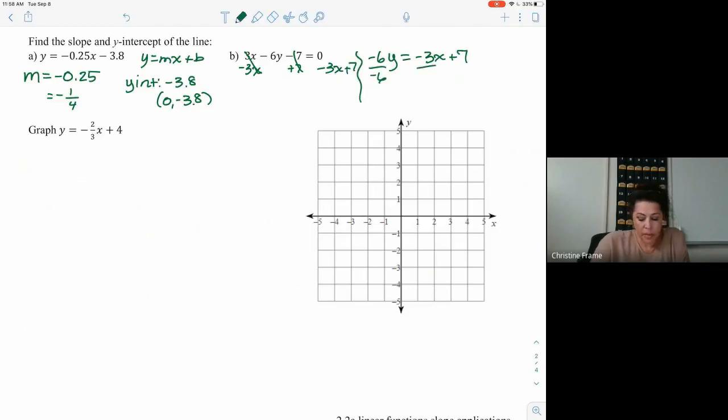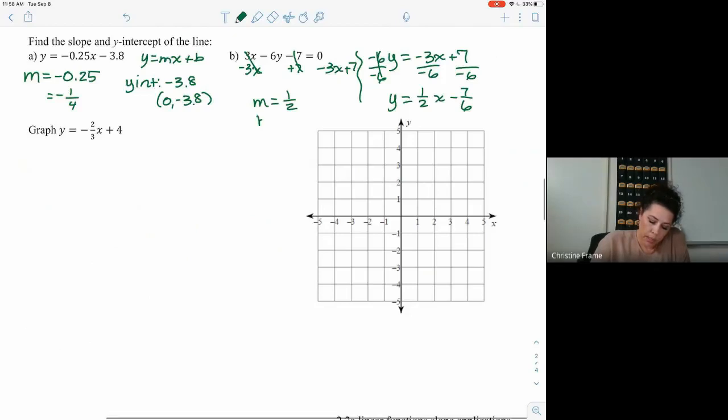So we'll divide everything by negative 6 and simplify. So y equals 1/2 x minus 7/6. So just simplify, make sure you're simplifying. So your slope for this is 1/2, rise 1, run 2, and your b is negative 7/6, or your y-intercept is 0, negative 7/6.